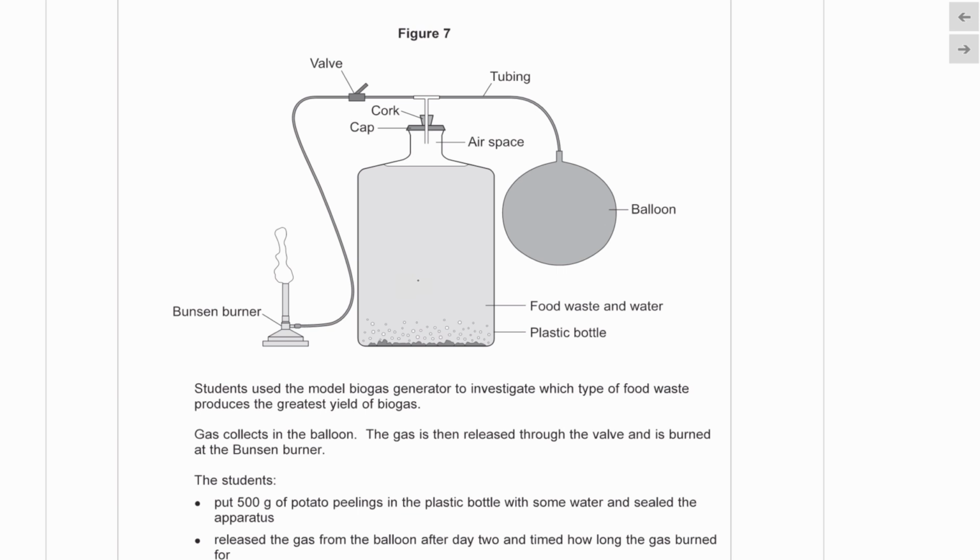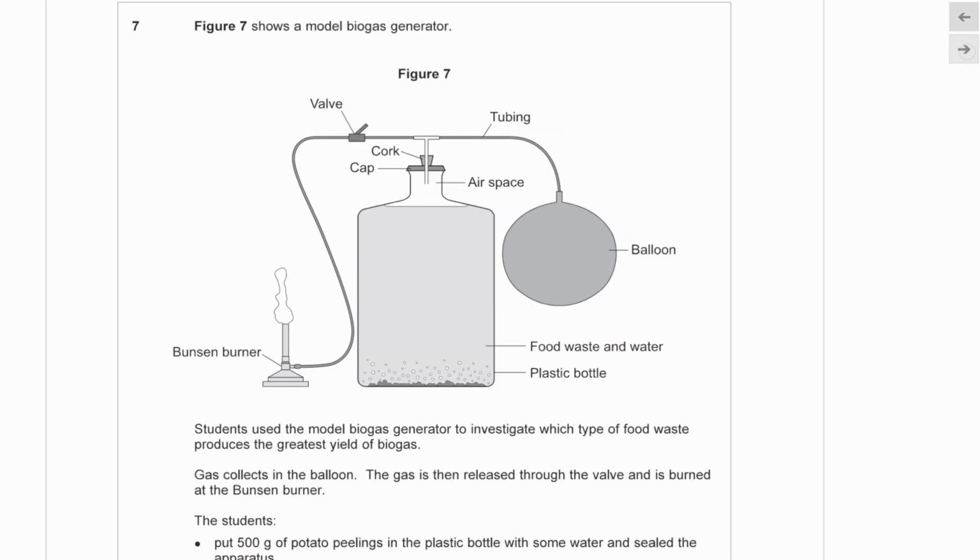And then they close the cork. But they haven't said that they carried this out in a vacuum to start off with, which means that we have oxygen present to start off with. Now, if you've got oxygen present, what is going to cause the decomposition of food waste is going to be microorganisms, but they're going to be carrying out aerobic respiration in order to do that, right? Because there is oxygen present.